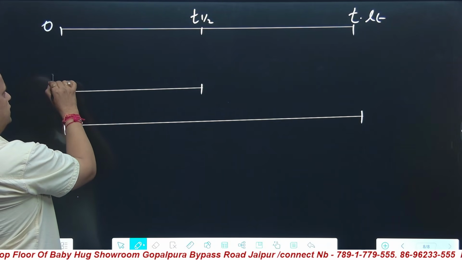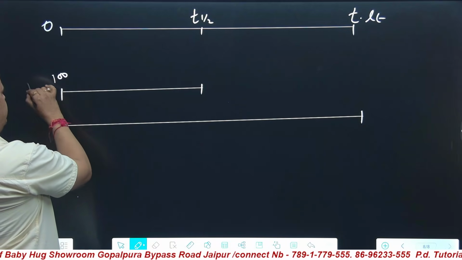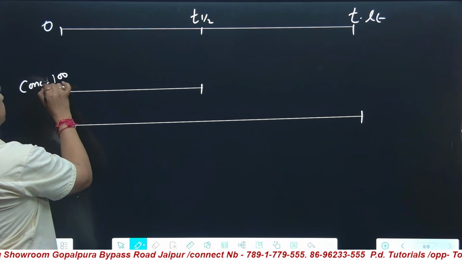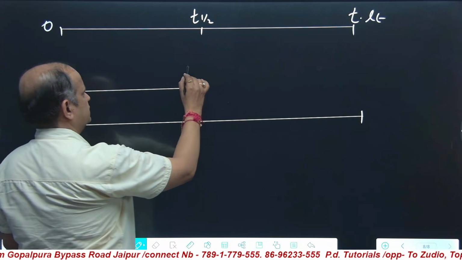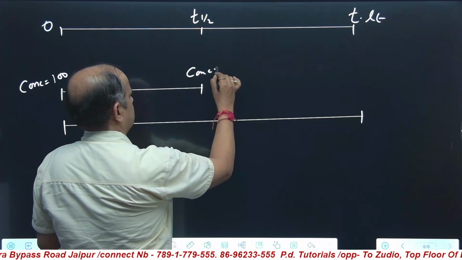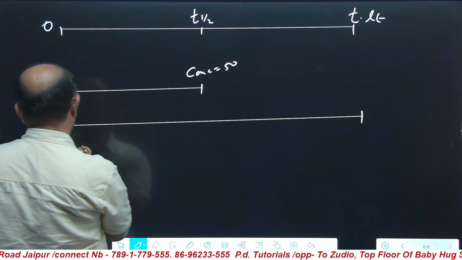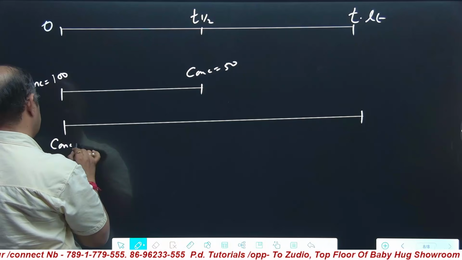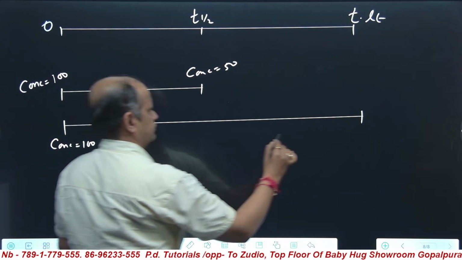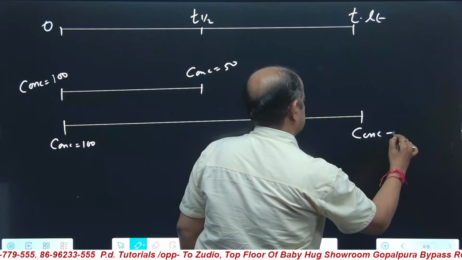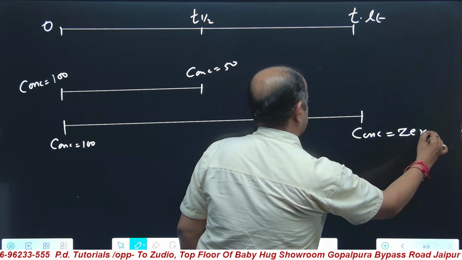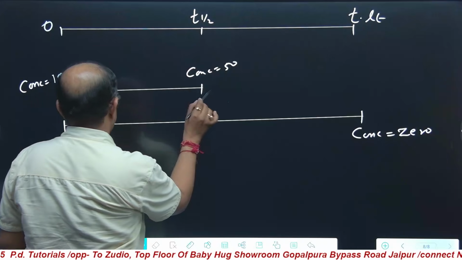Concentration was here 100. Here concentration equals 50. Concentration 100, concentration equals 0. What is this time interval?